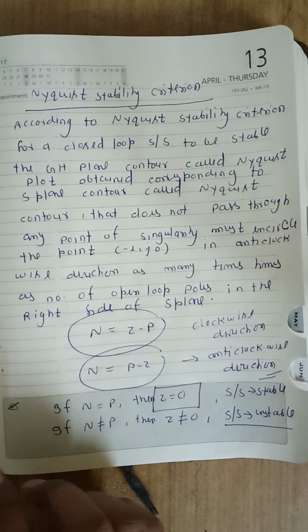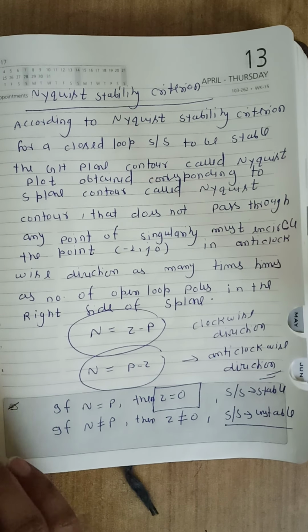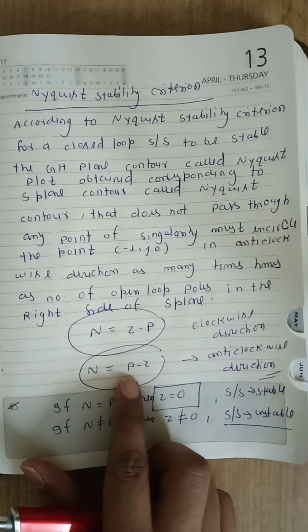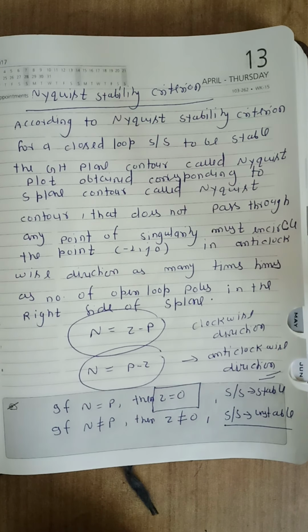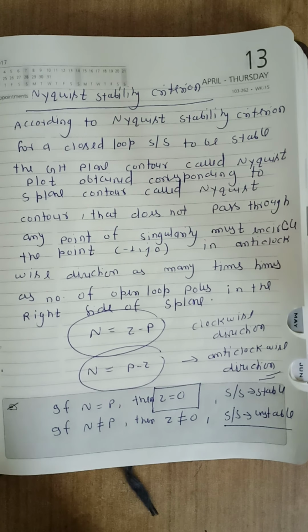P we can easily calculate with the help of open loop transfer function. After that we will define z. According to z we can say system is stable or unstable. If z is 0, in this case only we can say our system is stable. If z does not equal 0, we can say our system is unstable.